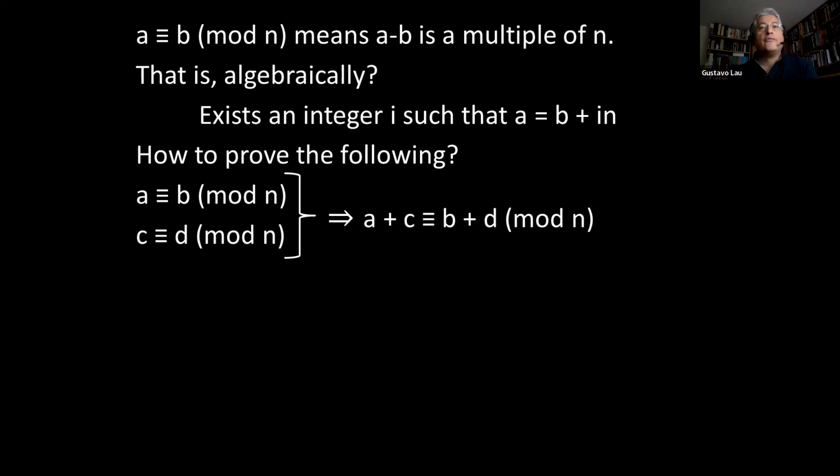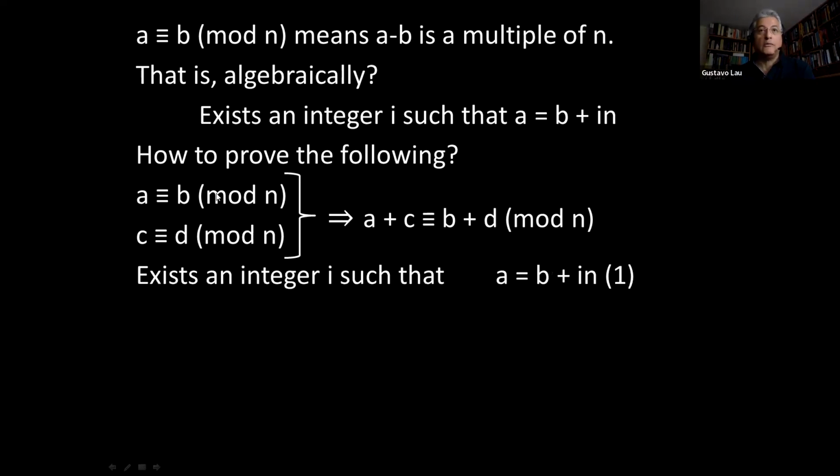Anyway, if A and B are congruent modulo N, and C and D are also the same modulo N, from that we can conclude that A plus C is congruent with B plus D modulo N. But how do we prove that? Well, let me show you. From the first one, algebraically, what we wrote above: there is an integer I such that A equal B plus IN.